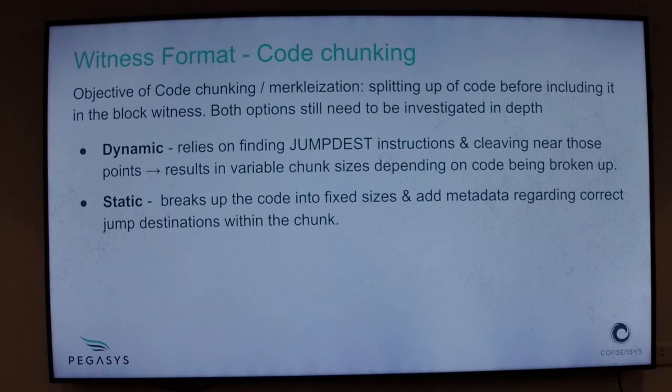With the dynamic one, you'll end up with varying sizes of code chunks being included in the witness, so it relies on finding the jump dest instructions and cleaving near those points. With static, the code will be broken up into fixed sizes, and we'll then need additional metadata regarding correct jump destinations within the chunk.